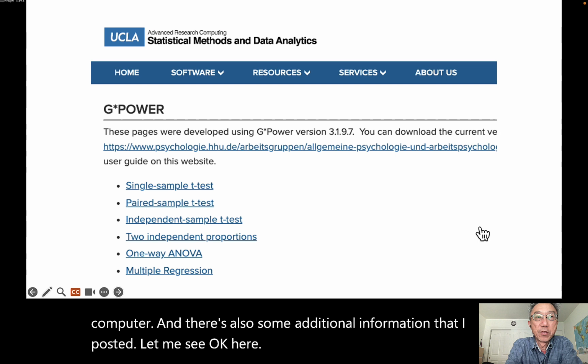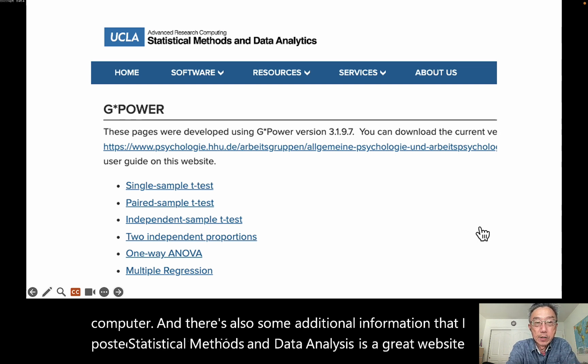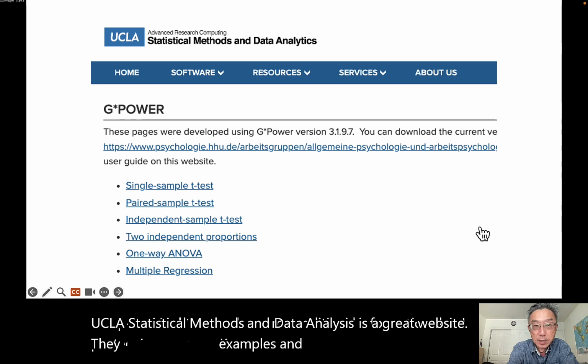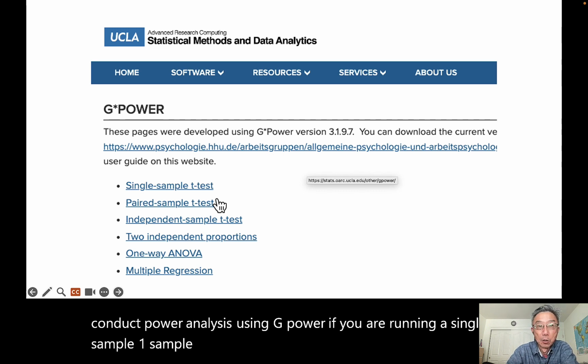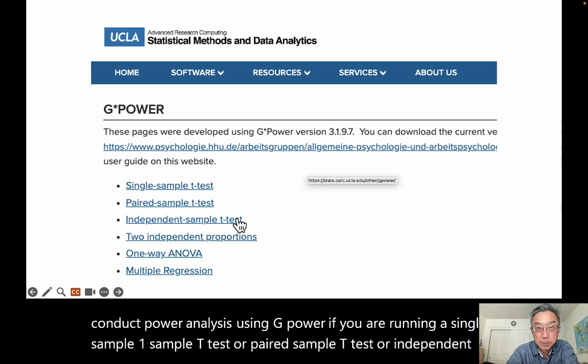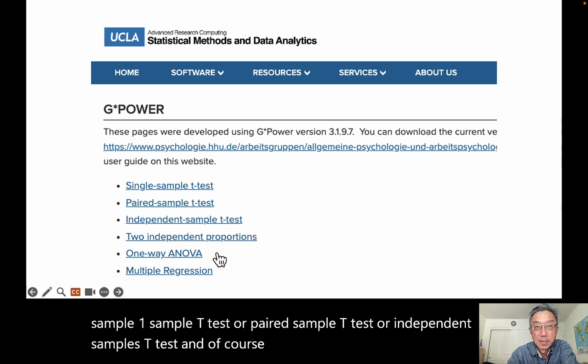UCLA Statistical Method Data Analysis is a great website. They provide further examples and instructions about how to conduct power analysis using G-Power, if you are running a one sample t-test, paired samples t-test, or independent samples t-test, and of course, some other analyses that you may want to conduct.